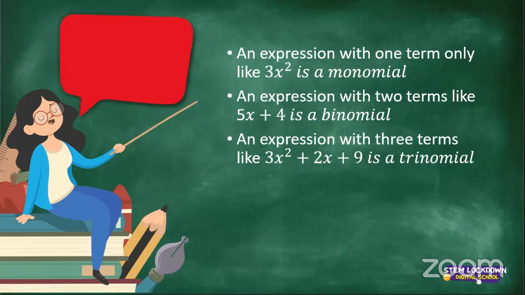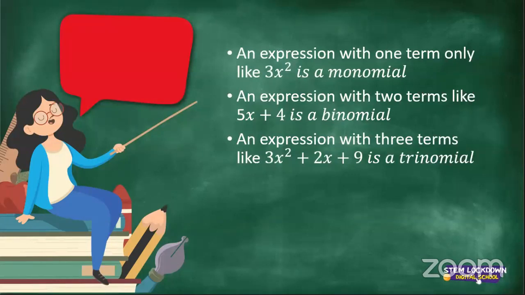The third one, there's an expression with 3 terms. You can see 3x squared plus 2x plus 9. We say that this expression is a trinomial.